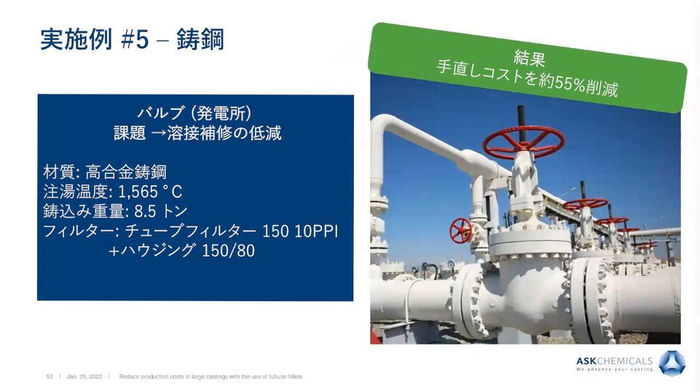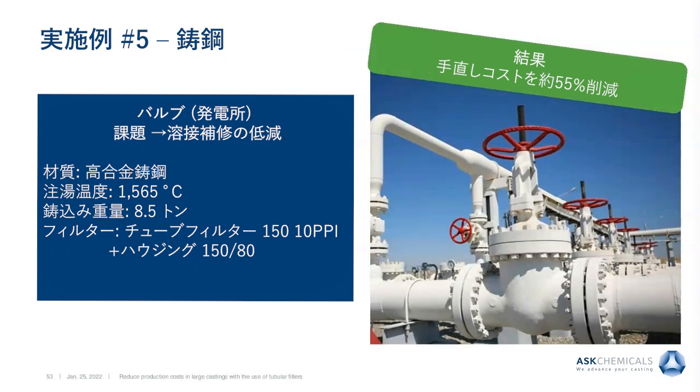Another very interesting casting is this valve made for a power plant. Here the challenge was to decrease the welding costs. During the manufacturing of this casting, the foundry experienced a lot of surface failures.